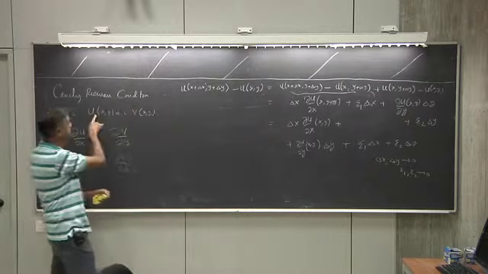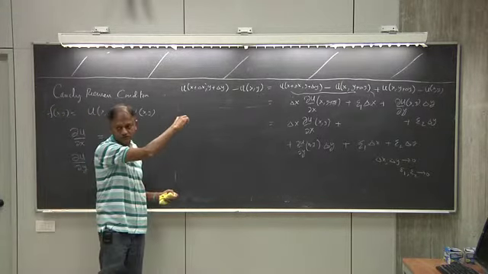Okay, so now let's write down exactly the same equation for the v. This was for the u, and there will be exactly the same type of equation for the v.